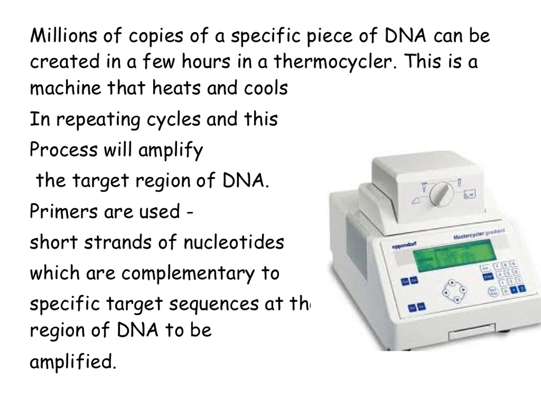By amplifying the target region of DNA, what I mean by that is it produces multiple copies of that section of DNA that you're interested in. Now, primers are used in this process, and just to remind you, that's short strands of nucleotides which are complementary to specific target sequences, and these primers are specific to the region of the DNA that you want to amplify.